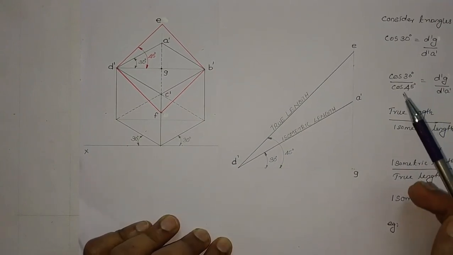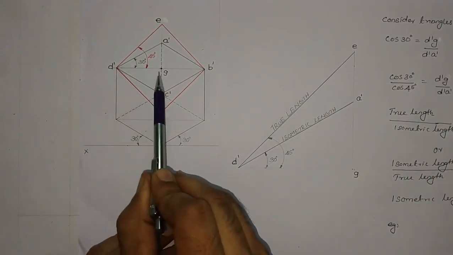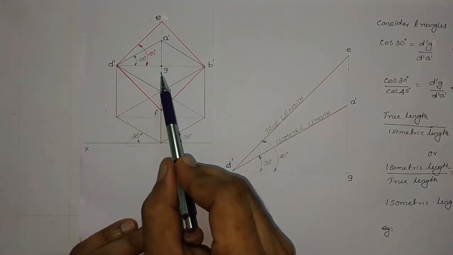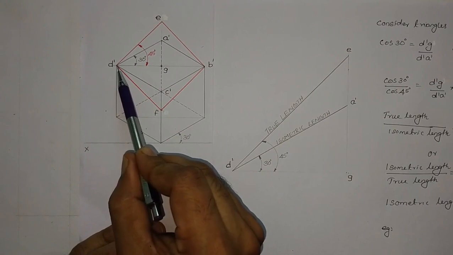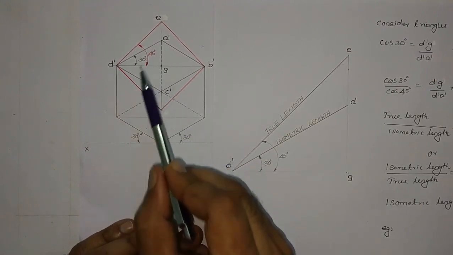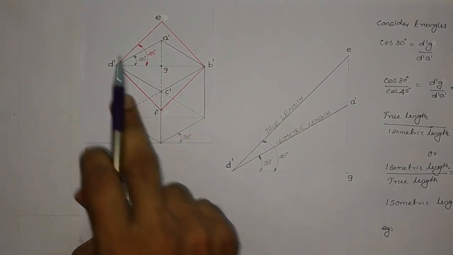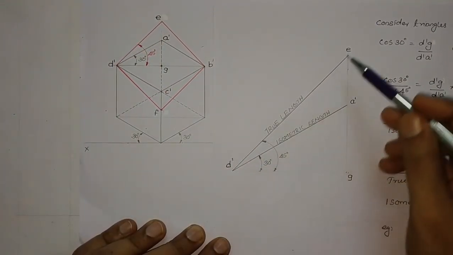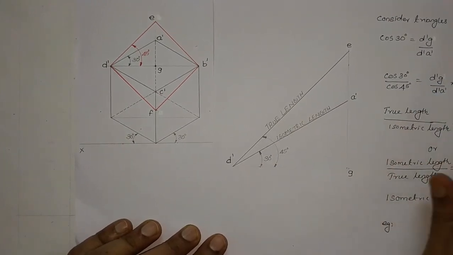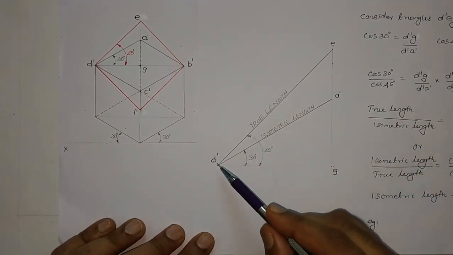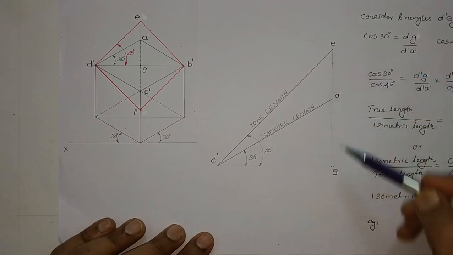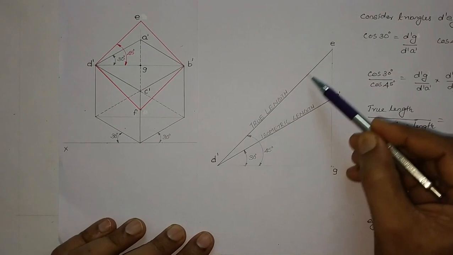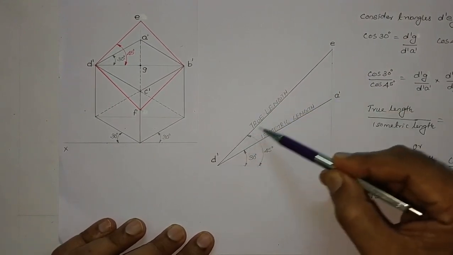What I have done here is, I have enlarged this area alone, so that is d dash e g and d dash a dash g. I have taken this small triangle area separately outside, an enlarged version of the same for a better understanding. So this is d dash e g, the first triangle, and the length over here we shall call the true length.